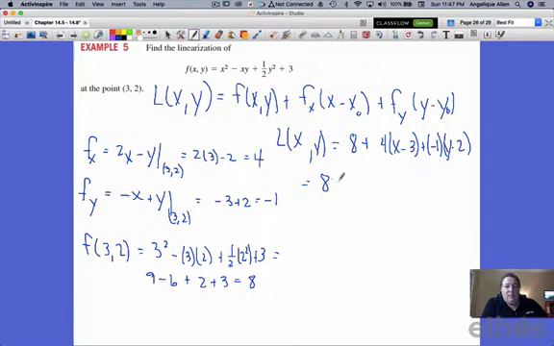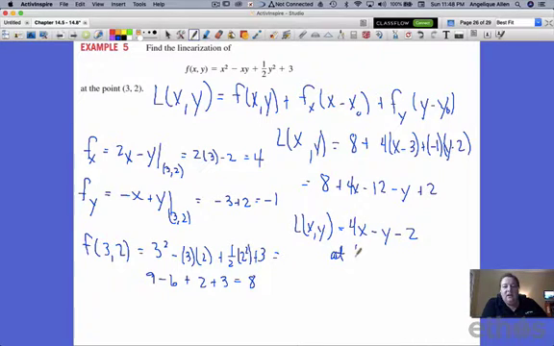And we clean this up a little bit: 4x minus 12 and minus y plus 2. So L of x and y is going to be 4x minus y, and this is 10 minus 12 minus 2. So here is our linear approximation at the point 3, 2.